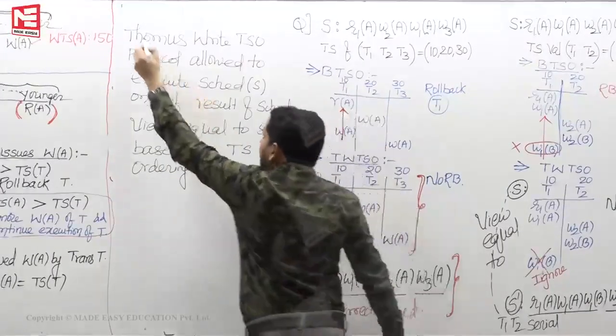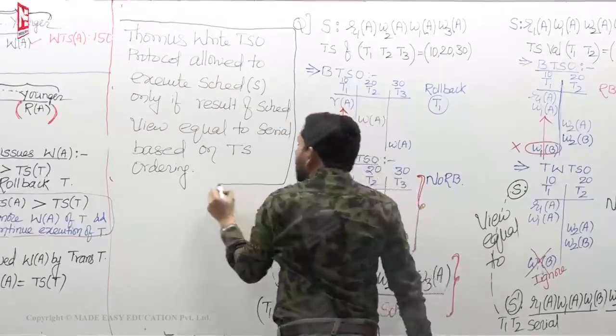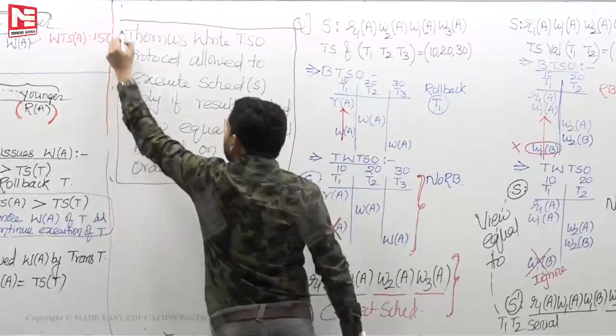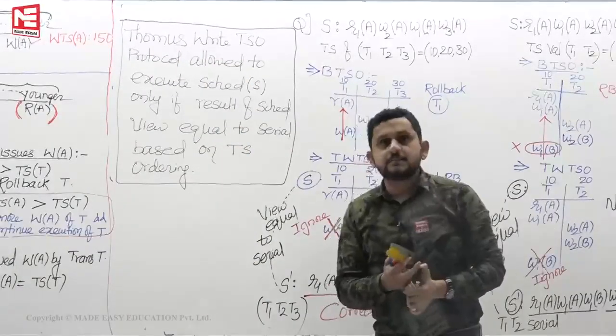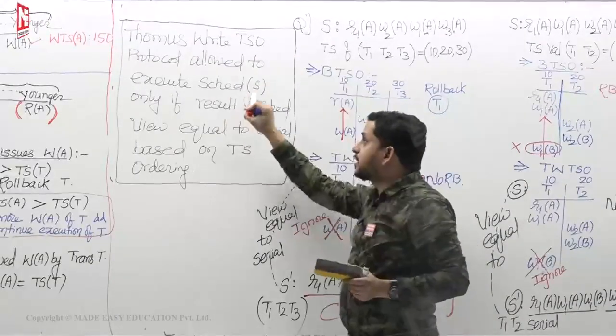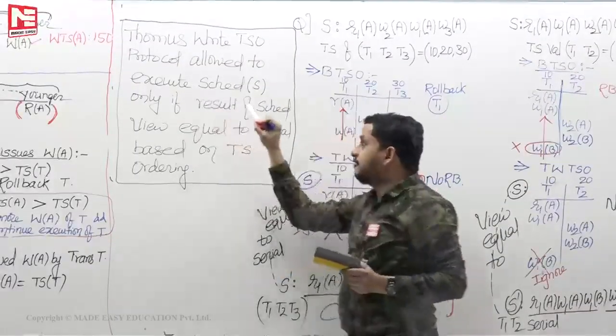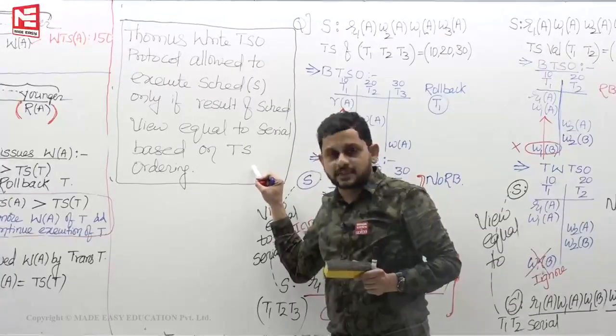If you remember, we made a similar statement for the basic timestamp ordering protocol. The basic timestamp ordering protocol allows executing the schedule only if the result of the schedule is conflict equal to the serial schedule based on timestamp value.